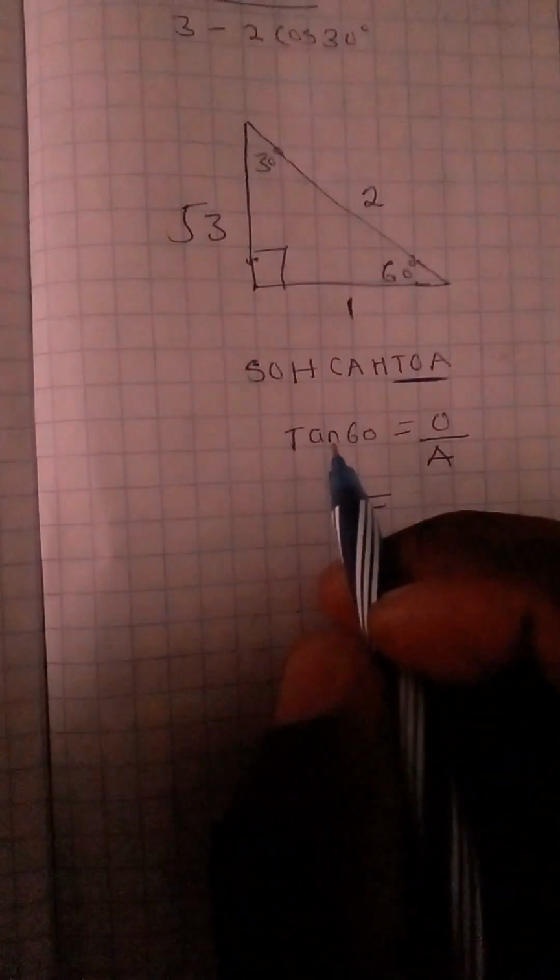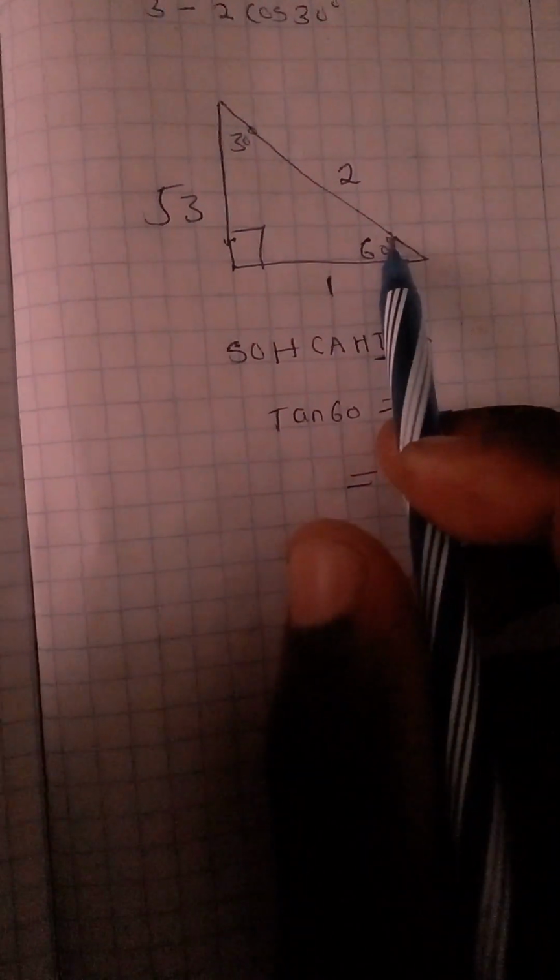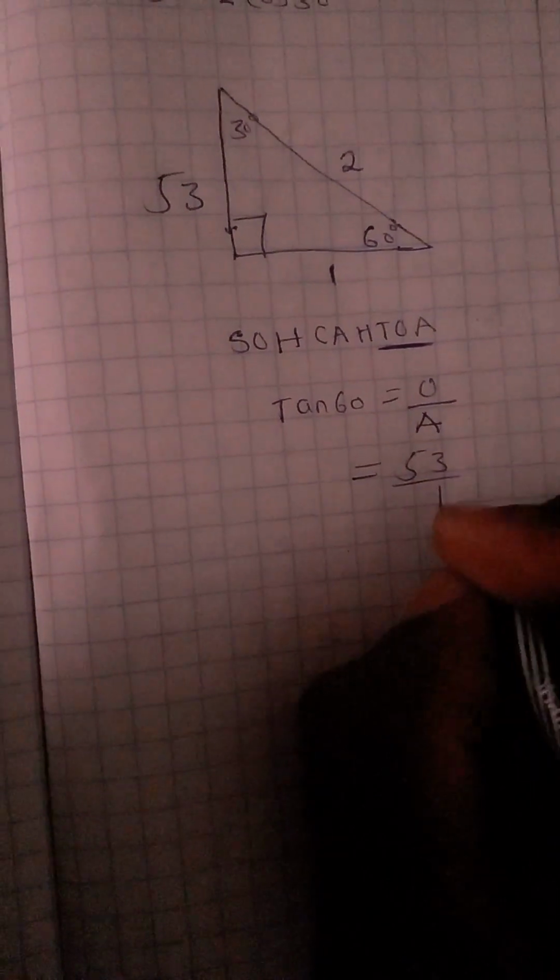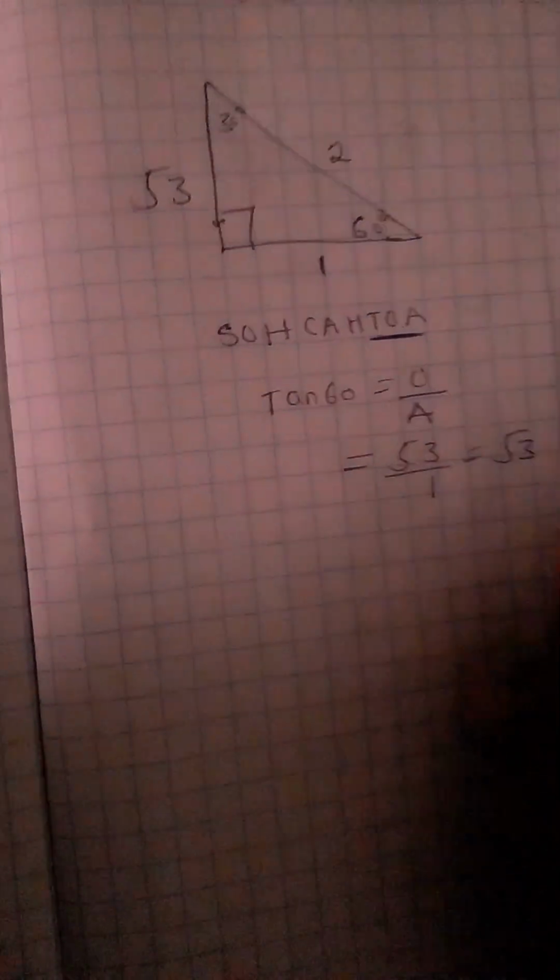Here we have a root of 3 as usual, here we have 1, here we have 2. So the opposite of this 60 is here, all over adjacent, which will be root of 3 over 1, which is simply root of 3. Then we calculate 2 cos 30.